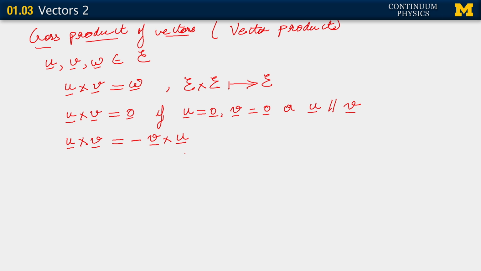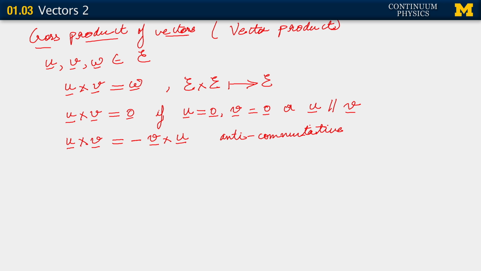It's not commutative. On the other hand, it is v cross u except that the sign is flipped. So this is sometimes called anti-commutative. Okay, this particular property.